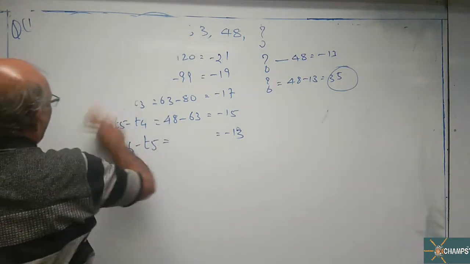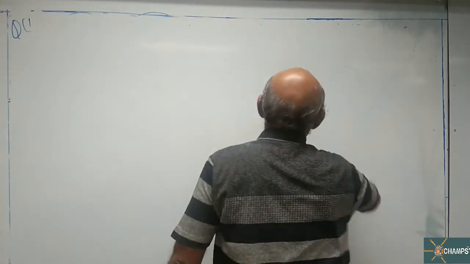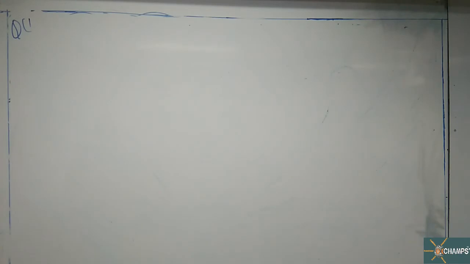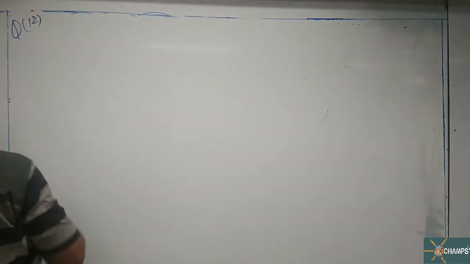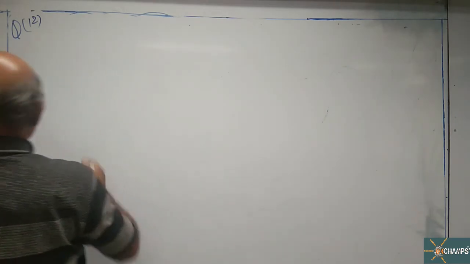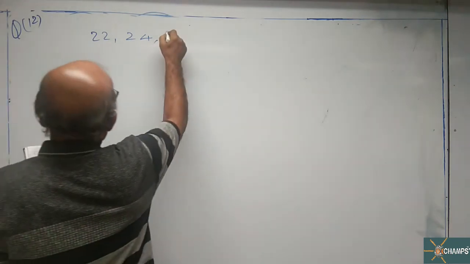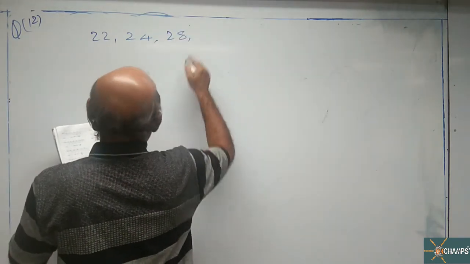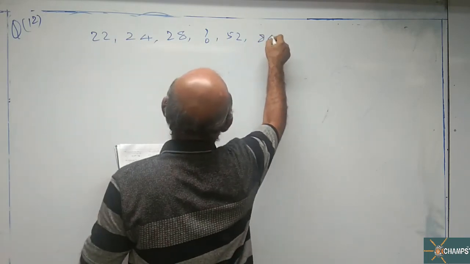Now see question number 12. The series is 22, 24, 28, question mark, 52, 84.